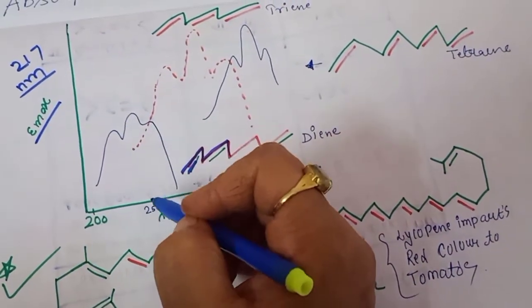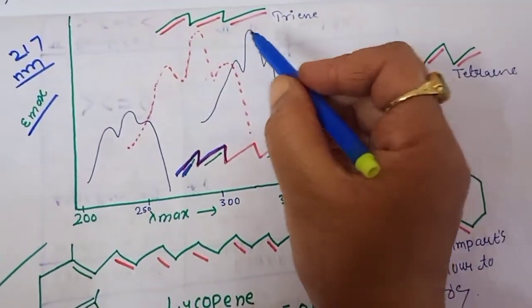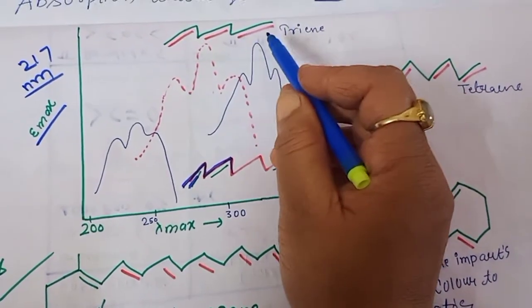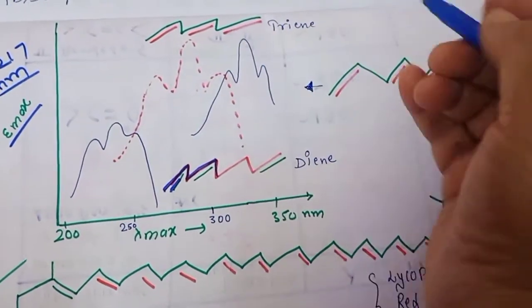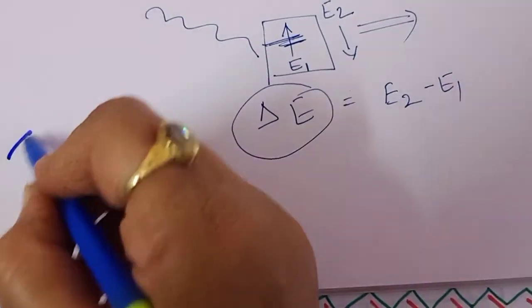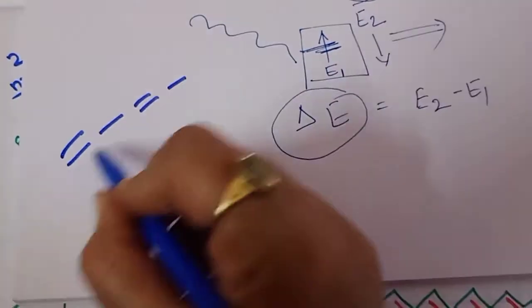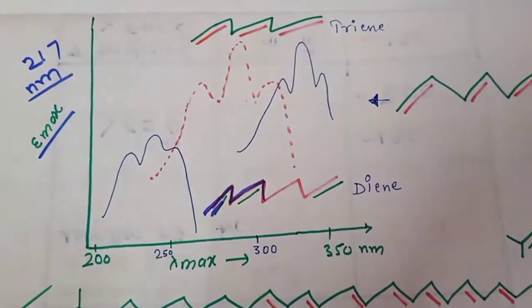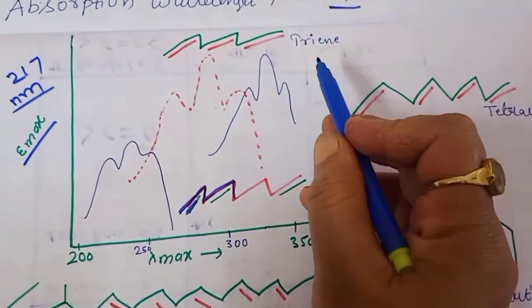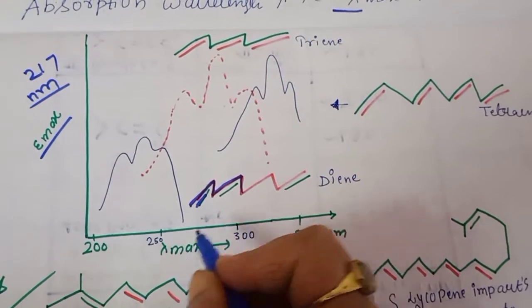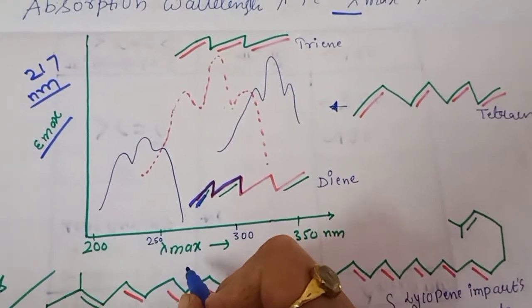Now suppose one more double bond is added, meaning extended conjugation. What is the meaning of conjugation? When alternate double bonds and single bonds are present, this is known as conjugation. So if we see the triene, definitely the value of absorption maxima, this lambda maxima, will increase.